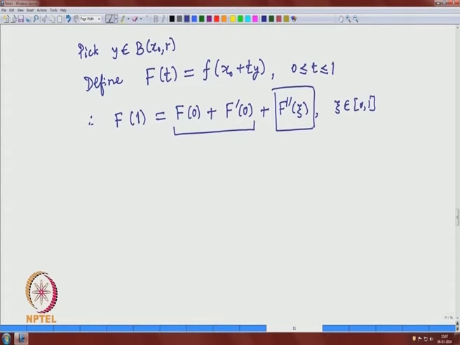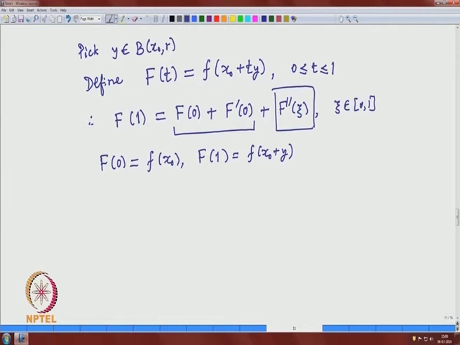Okay. So, let us calculate what F(0) is and F prime(0). If you look at the definition of the capital F function, F(0), I put t equal to 0 there. So, this is just f of x 0, and what is F(1)? F(1) is f of x 0 plus y.